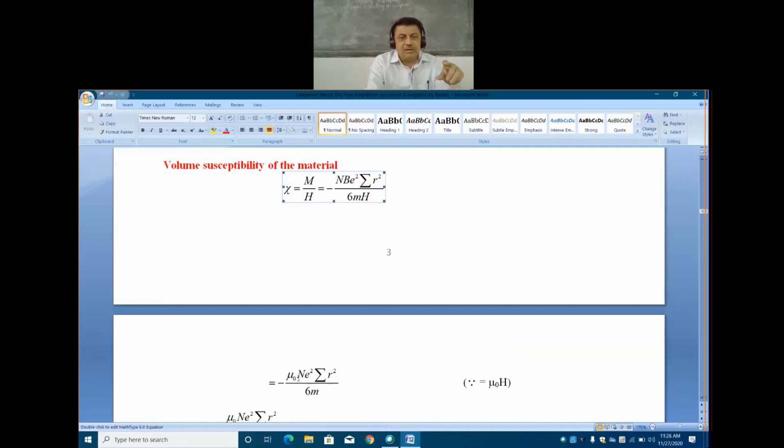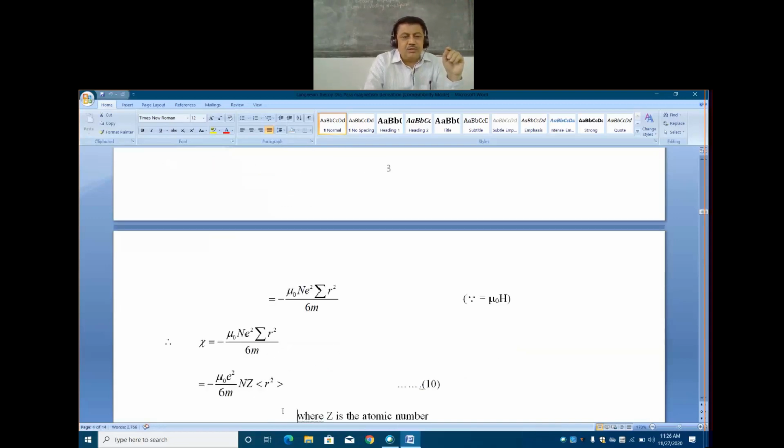Chi is susceptibility. Psi, you know, is for the wave function. So this chi, the slanting x or curly x, is the susceptibility symbol. This is minus mu naught n e square summation r square by 6m.